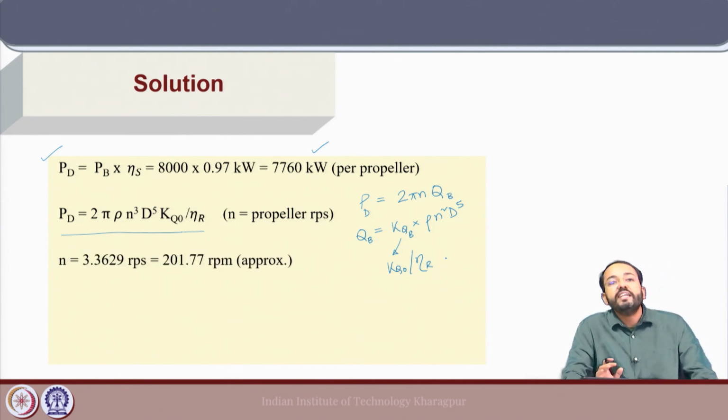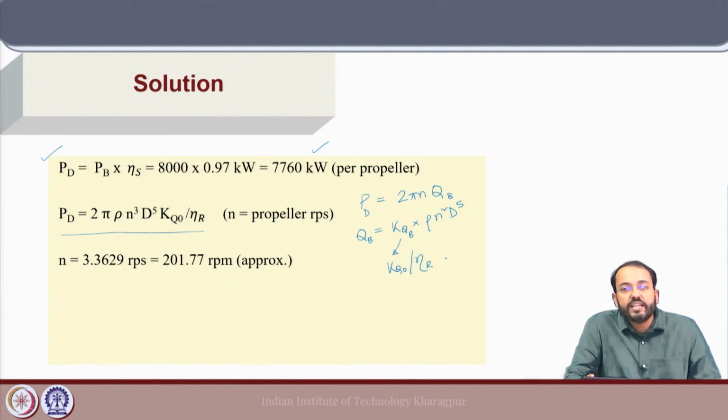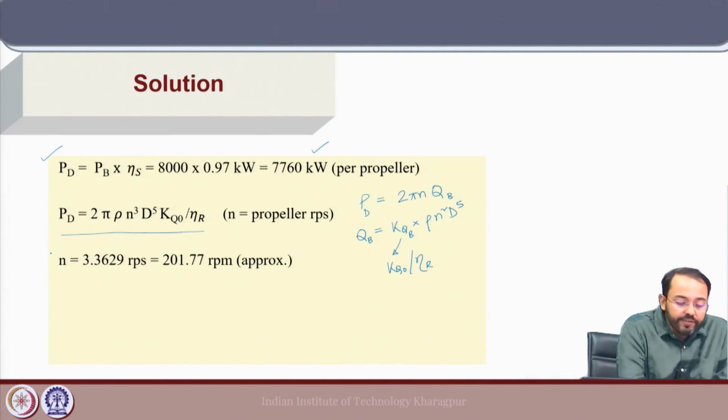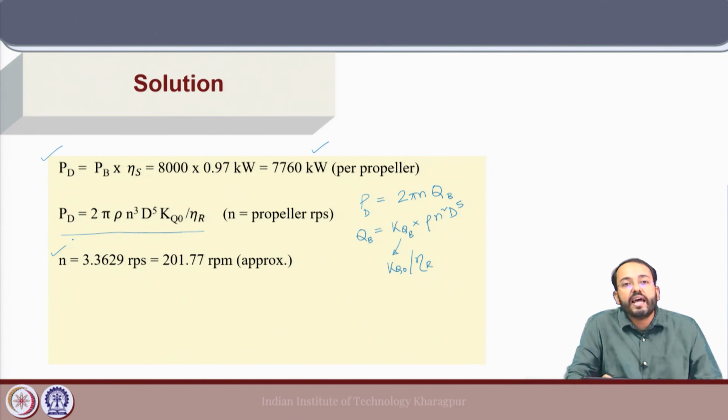So, we can use this equation to calculate the value of propeller RPM, as all the other terms are known.